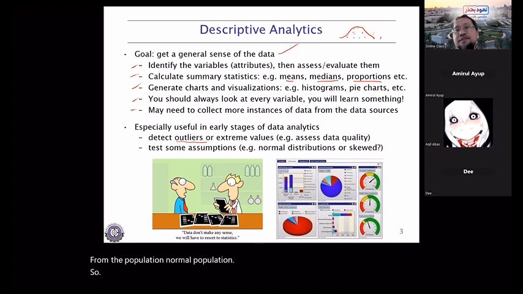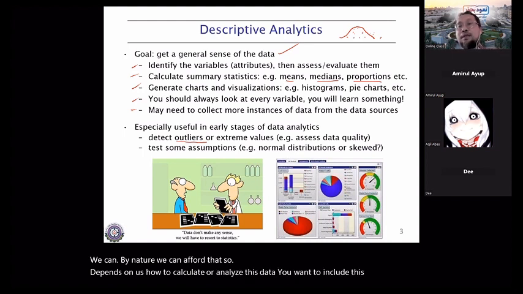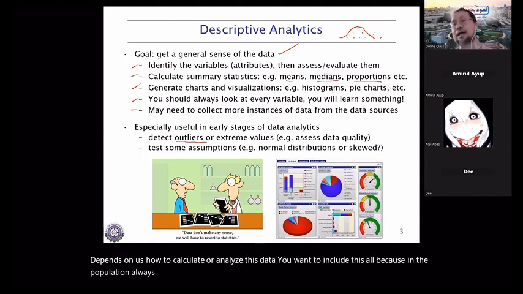By nature we cannot avoid that, so it depends on us how to calculate or analyze this data. Do you want to include all of it? Because in a population there is always some outlier, not the common one.